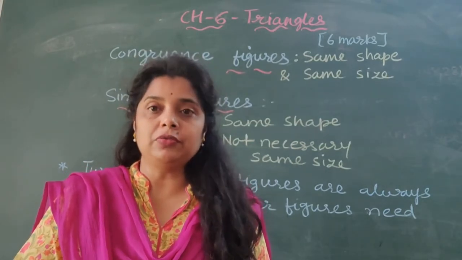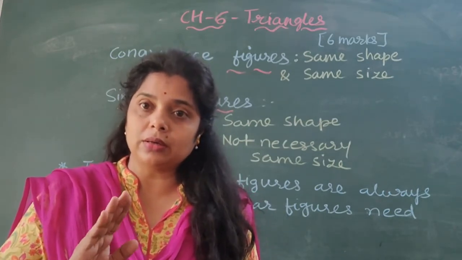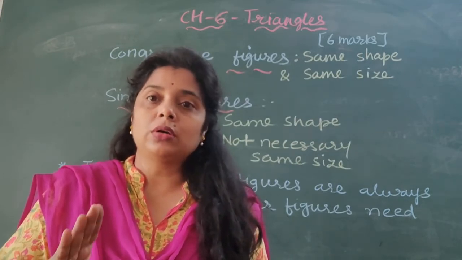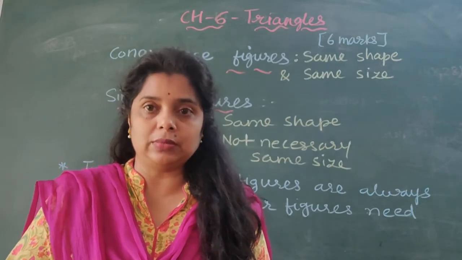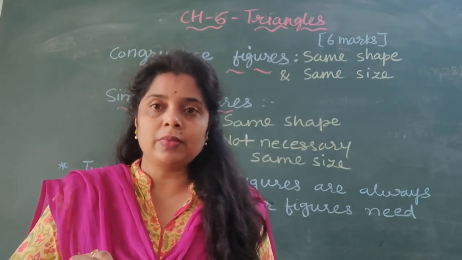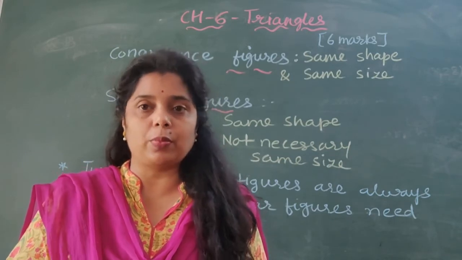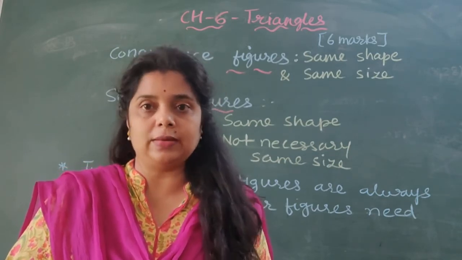Okay, so if you want to get 4 marks completely, you have to focus on this chapter and do the theorem and write the theorem by understanding the steps and all that and write it properly. Then you can get 4 marks exactly.